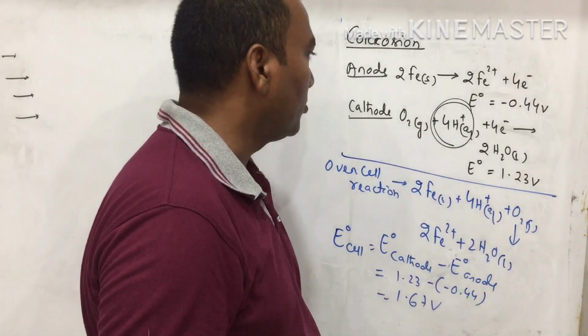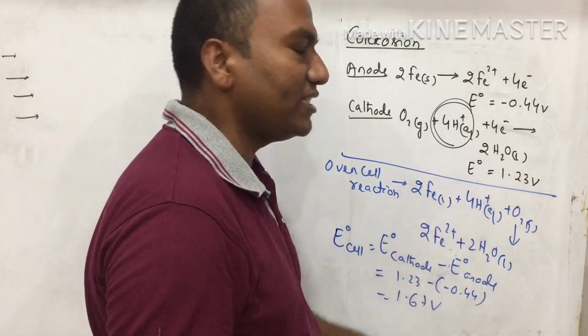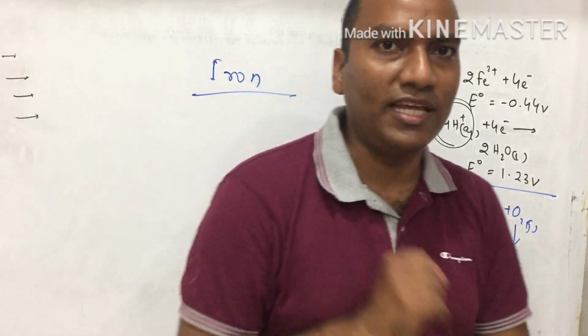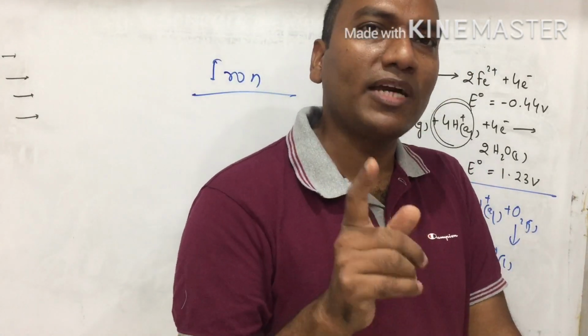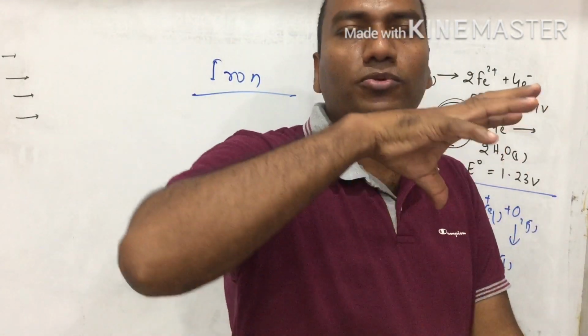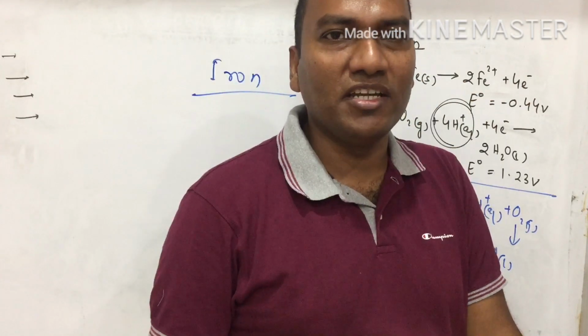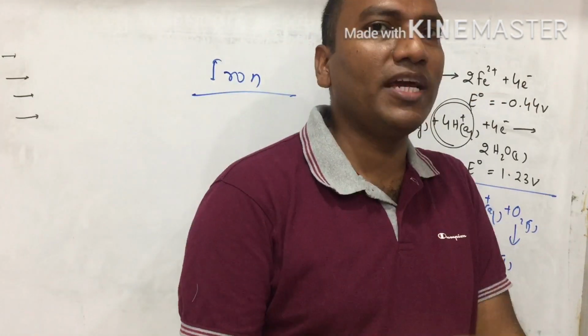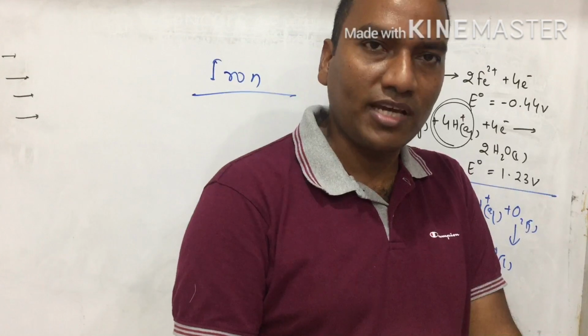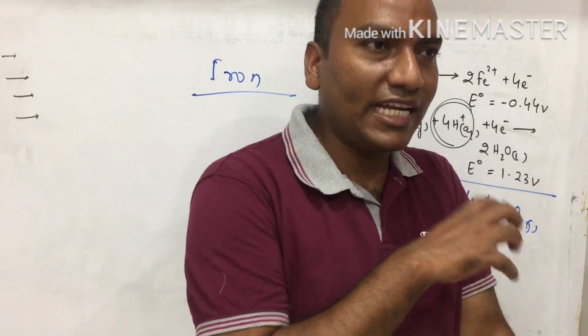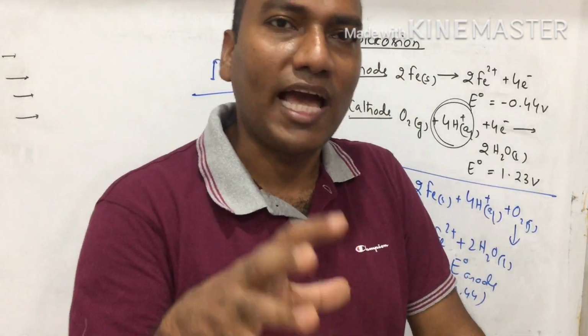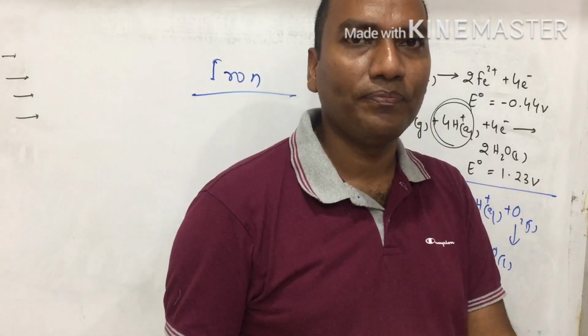O2 we know is from the atmosphere, but where is this H+ from? It is believed that H+ is from carbonic acid. We know a lot of carbon dioxide is present in air. When this carbon dioxide combines with water, it forms carbonic acid. That's why the H+ is believed to come from carbonic acid.